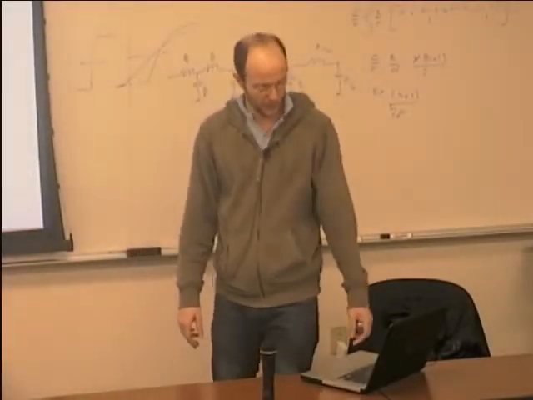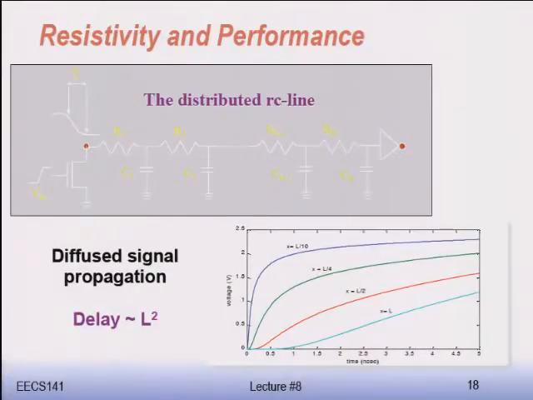Okay, so this is what I was talking about, that the diffusion, the signal propagates along the line, not as an exponential. It's not a single exponential, the signal at the output, because each section of the line gives you one exponential, okay? Does this make sense?